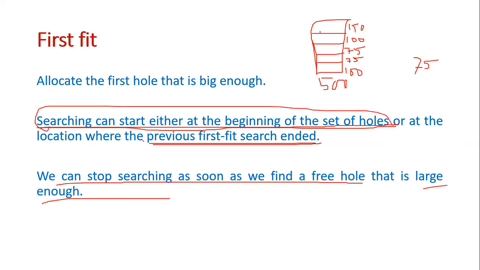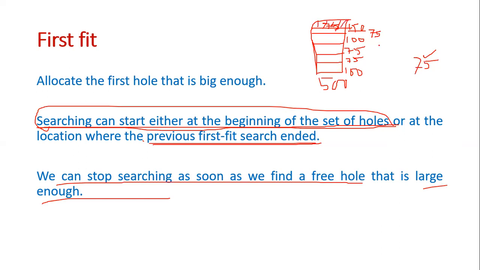At the beginning itself, how much free space do we have? 150. How much do we require? 75. So 75 is allocated, and the remaining 75 is free. Is it correct? 75 is allocated, the remaining 75 is free.